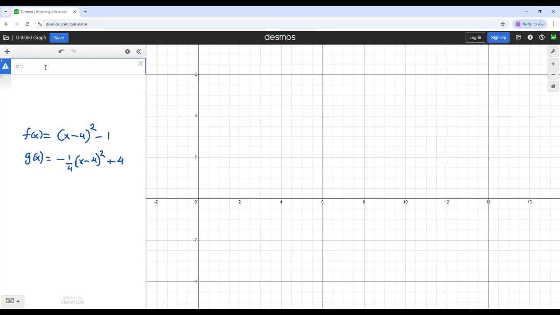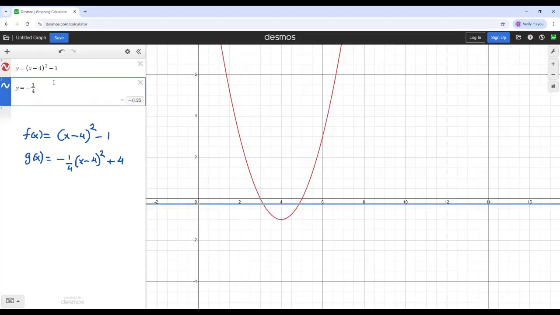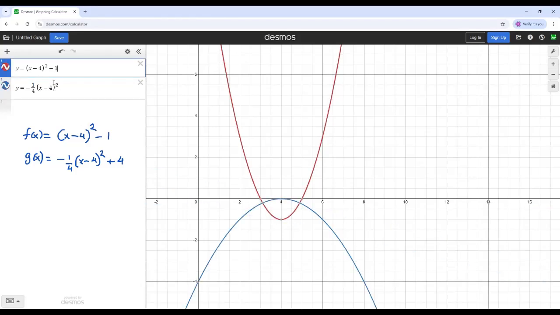Then we get y = (x − 4)² − 1. Now I got the graph of the first function. Now let me give the second function g(x) as input, replacing g(x) by y. Then we get y = −1/4 (x − 4)² + 4.